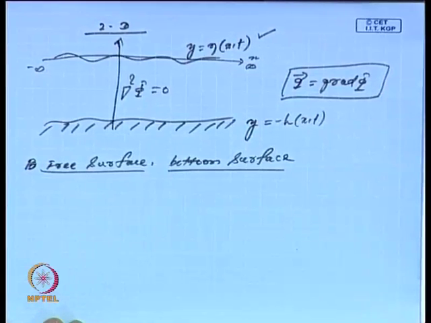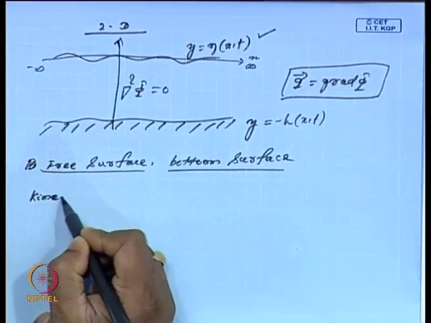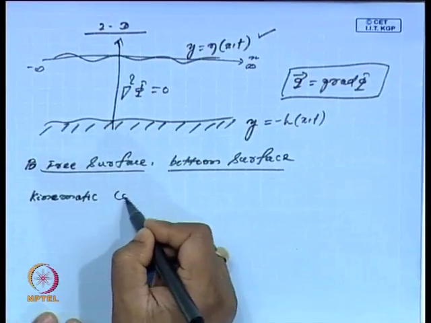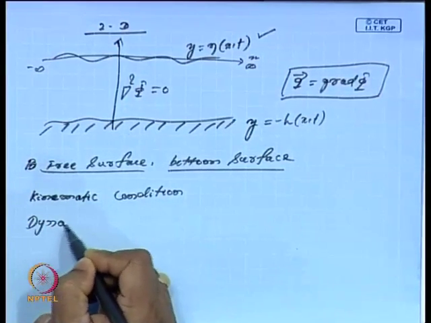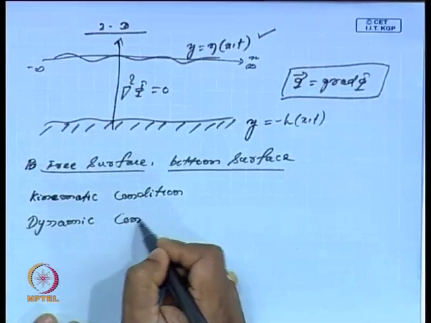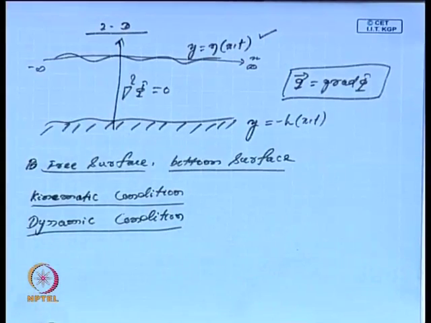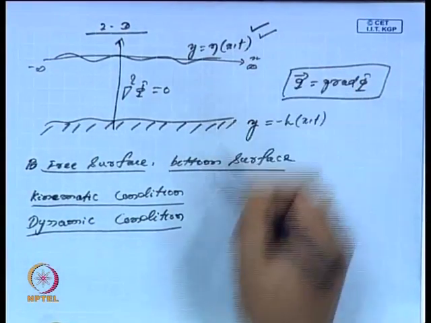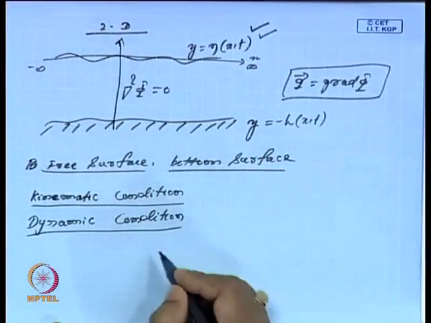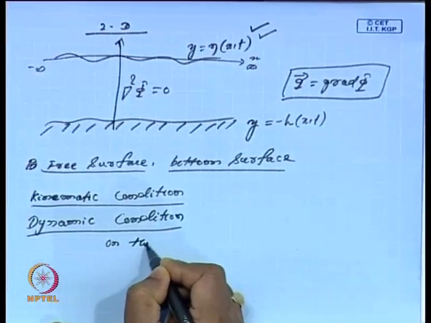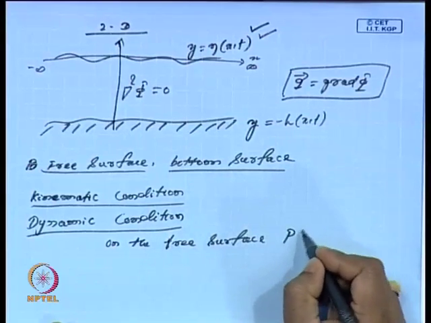what will happen? On the free surface two conditions come in, one I call the kinematic condition, the other I call the dynamic condition. There are two conditions on the free surface, because on the free surface eta is not known. On the other hand, the pressure on the free surface is prescribed: the pressure P is equal to P atmosphere.